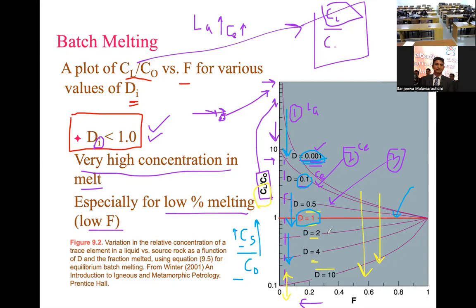But just keep in mind the plot of CL over CO shows this type of variation, showing how the liquid behaves in trace element pattern. Trace element behavior, right? The behavior of the liquid as well as the behavior of the element. So it is highly exponential here. You can see that.